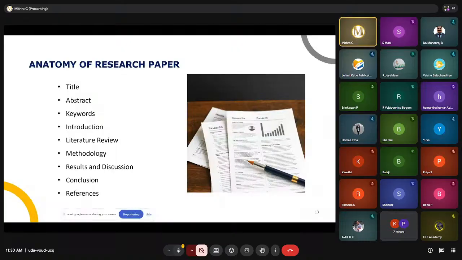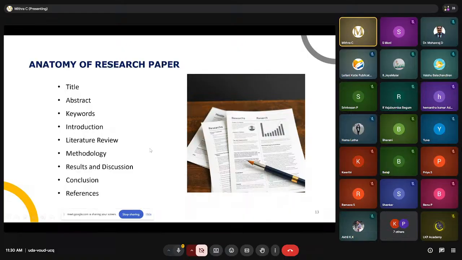Next one, anatomy of a research paper. So what is the anatomy of a research paper? In mathematics, we have formulas to be followed to calculate based on the numbers. Similarly, in a research paper, we have a certain structure to be followed. We should not change the headings arbitrarily.